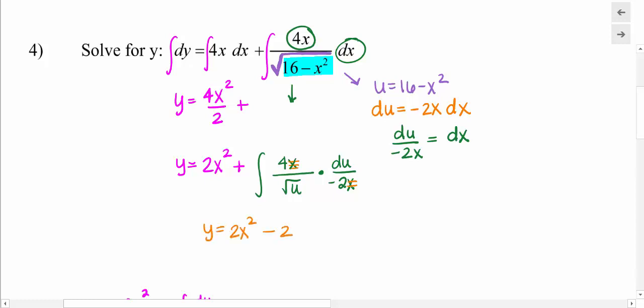So I will put a negative 2 in front of this. And let's see from here, now that my integral is all in terms of u, let's see from here if you can finish it. So go ahead and pause it, finish the problem, get a really good equation for y, and then push play when you are done.